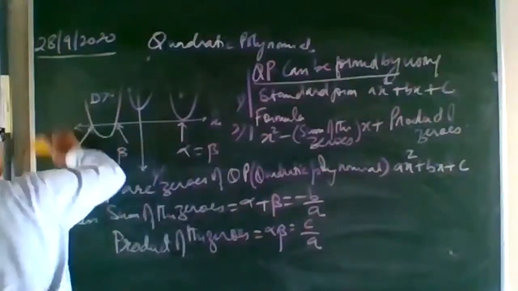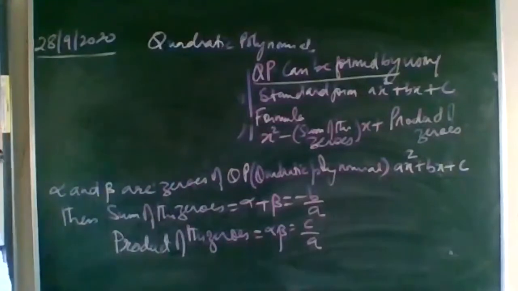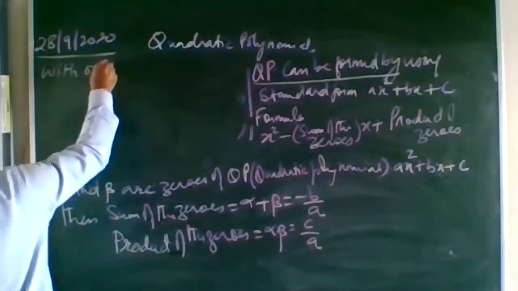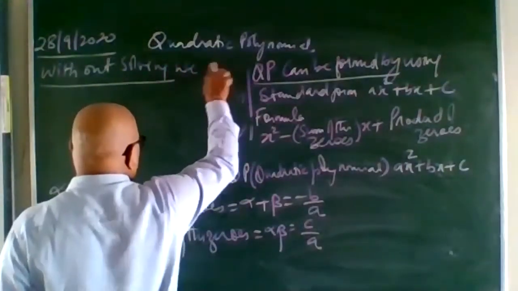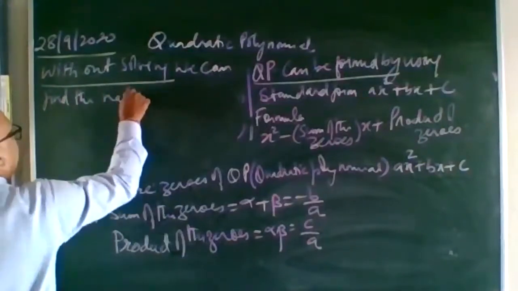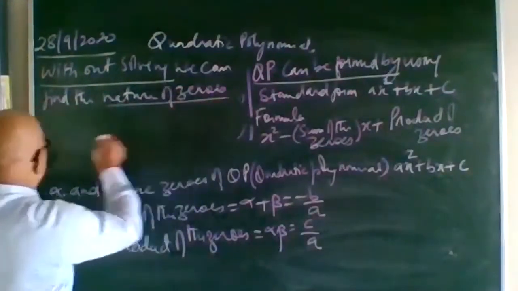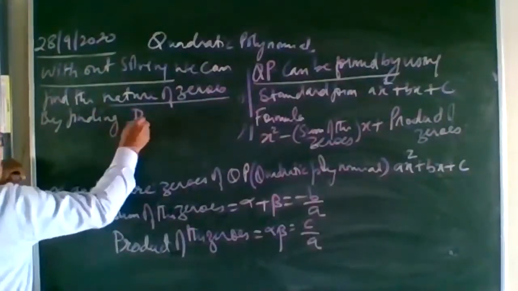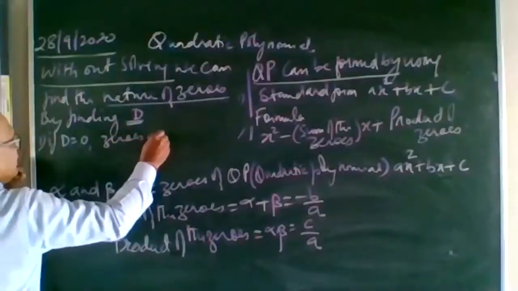After that, without solving, we can find the nature of zeros by finding D. If D equal to 0, zeros are equal.